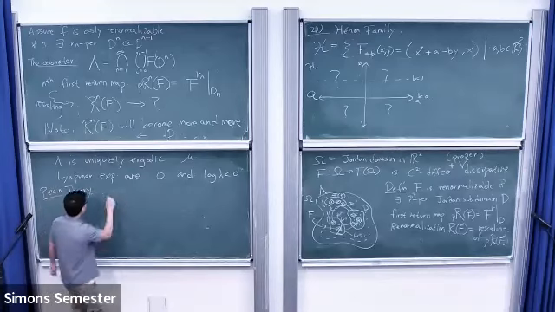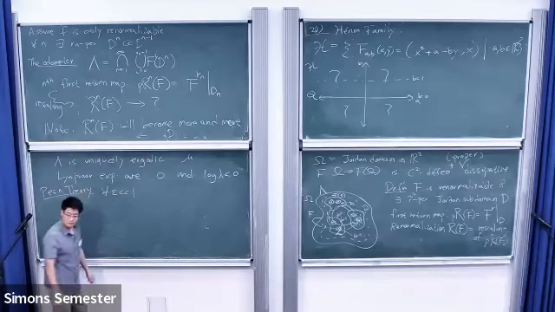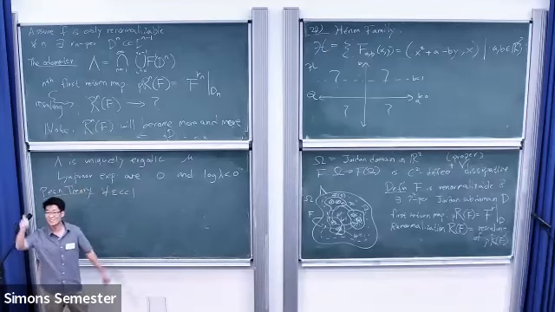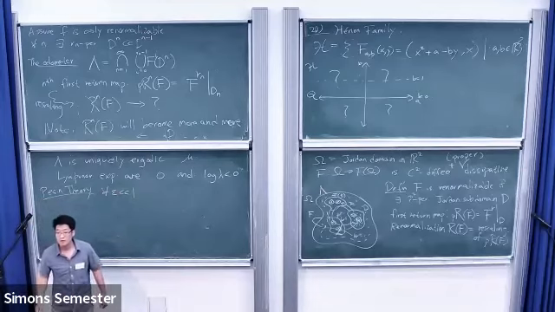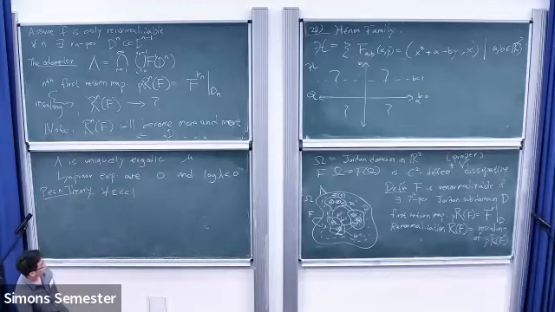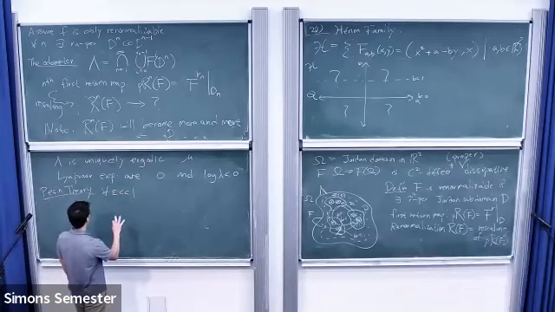Pesin theory tells us that we fix any small epsilon, right? Okay, question, yeah. Oh, that's a good question. I think C^{1+alpha} is enough. Any other questions? No. All right.